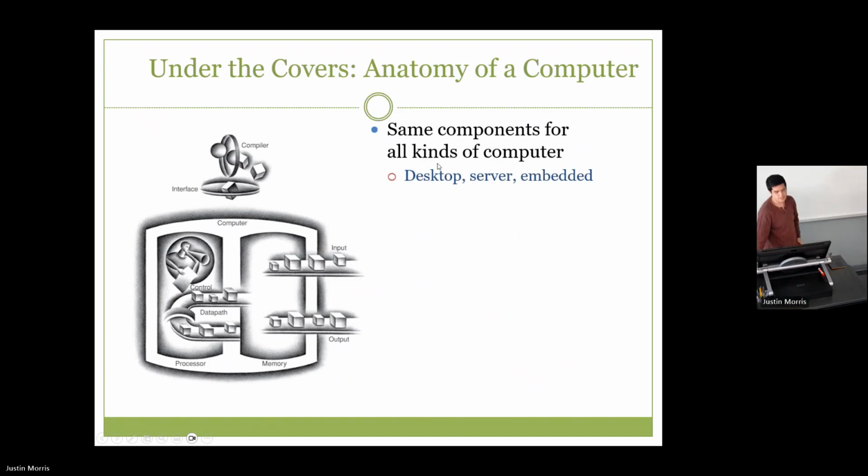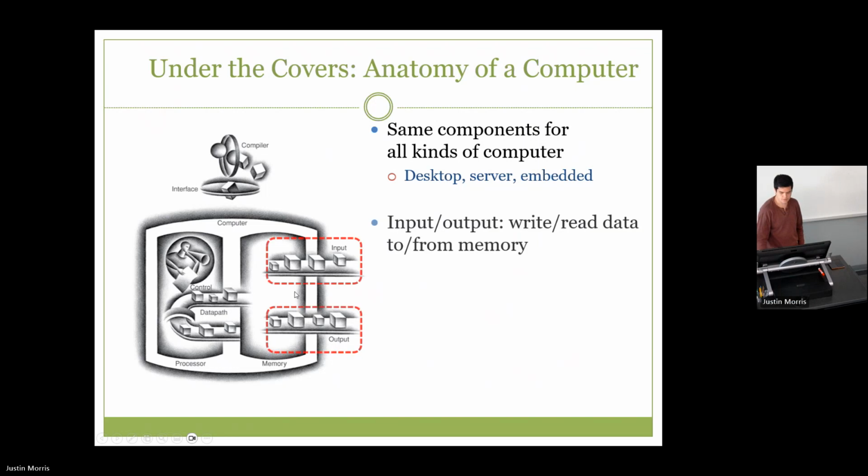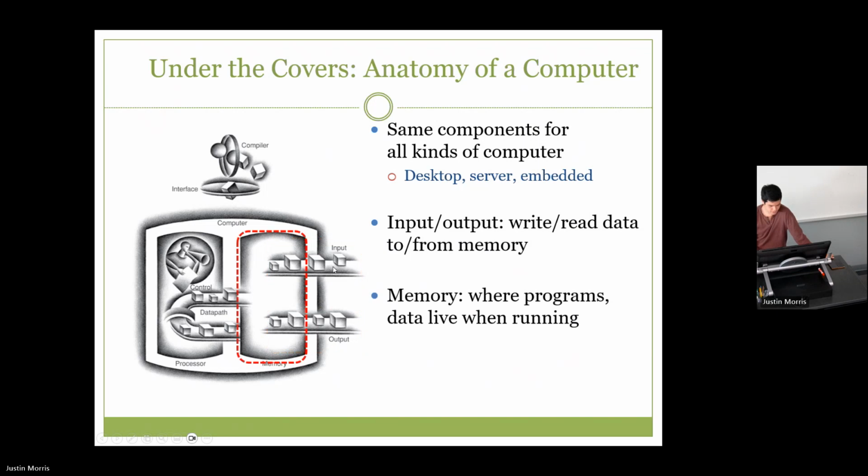So this is kind of the basic idea of your computer, and it's going to be the same across the 3 different classes that we talked about last time. You're going to have these inputs and outputs where you can write and read data. And that's also where your program is going to live, along with the data.